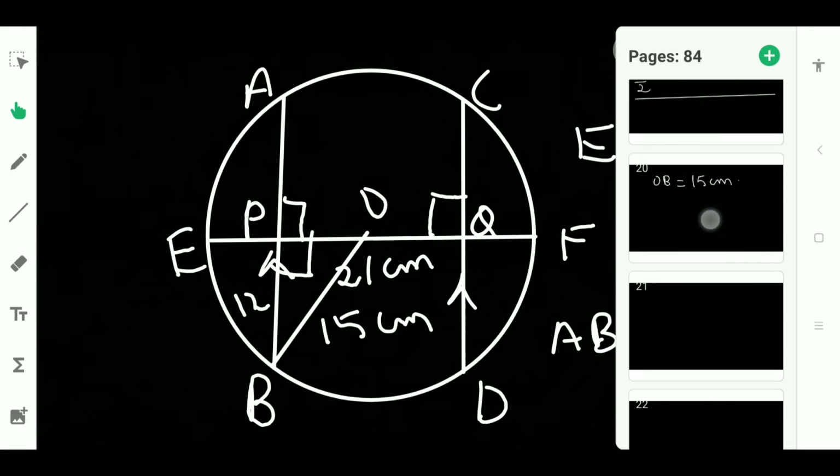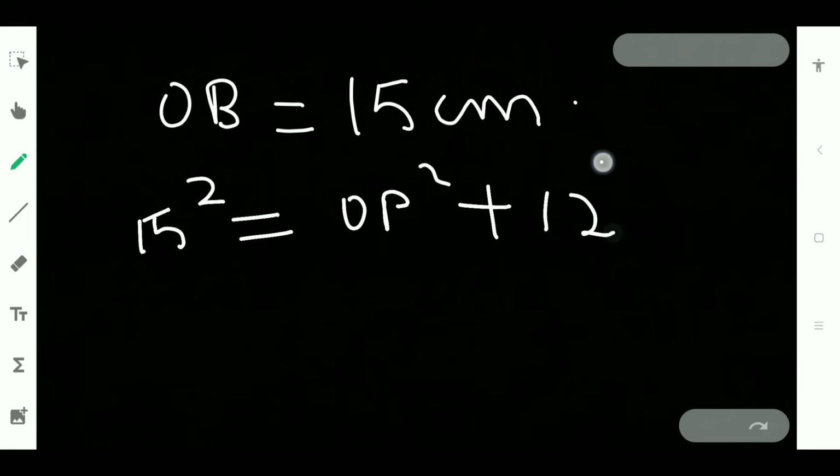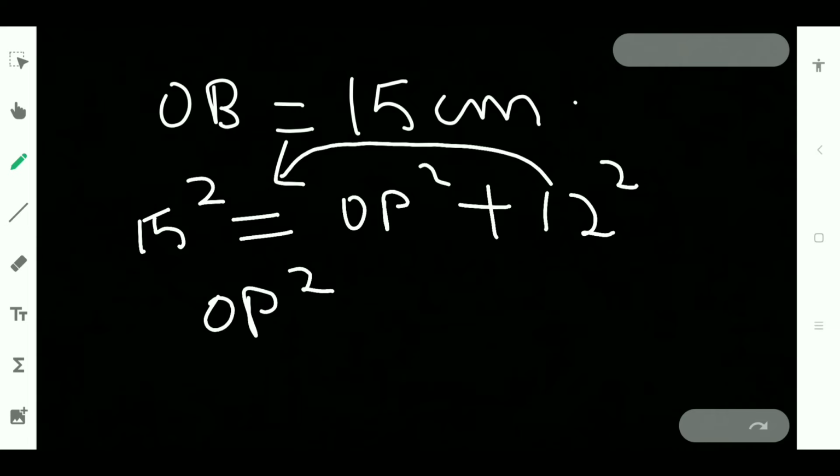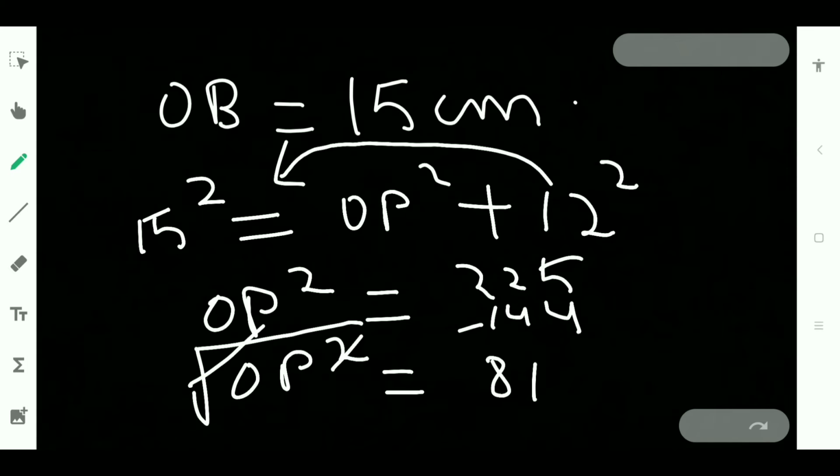On transposing 12 square onto the LHS, OP square is equal to 15 square minus 12 square, that is 225 minus 144, so OP square is equal to 81. On square rooting both sides, we get OP equal to 9 centimeter.